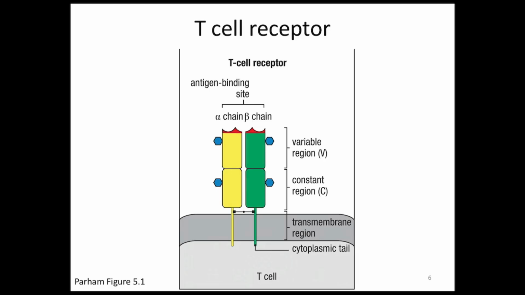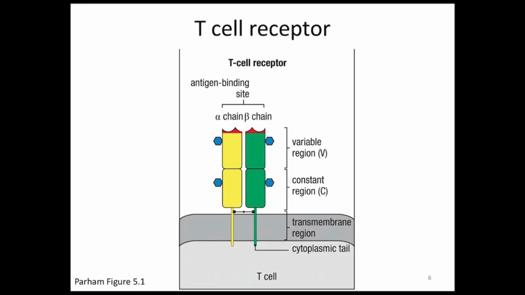And so here is that view of the T cell receptor that I've been showing you again. If you remember when we talked about the B cell receptor, it had some good things about it as a receptor and some weaknesses.